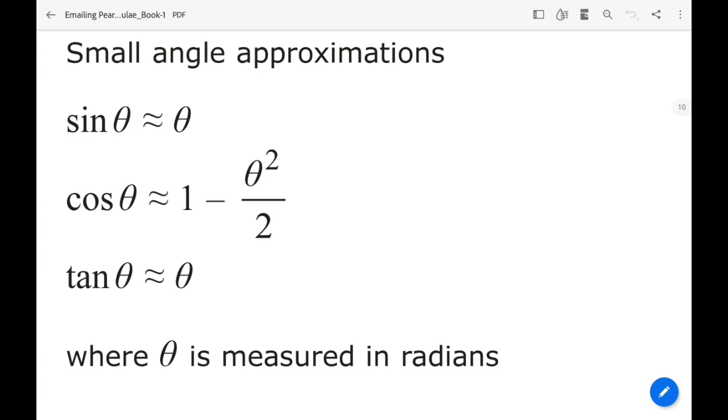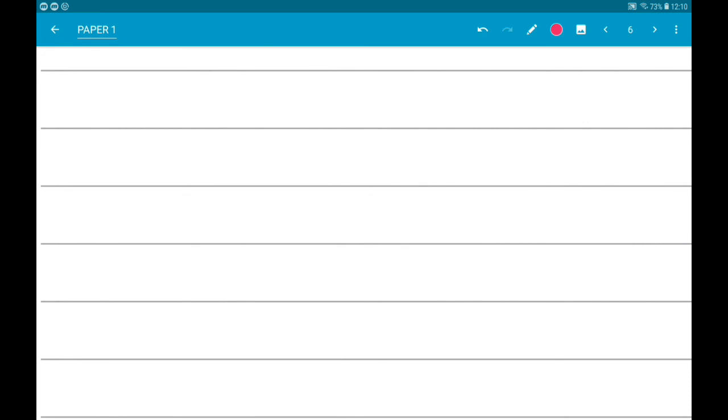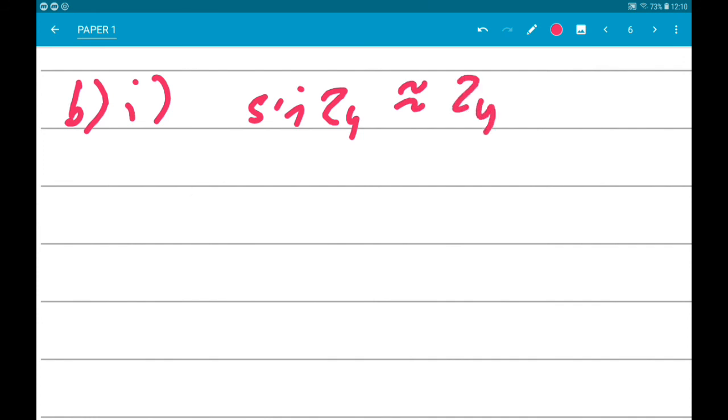So sine of 2y is approximately 2y. So, x is approximately 4 times 2y, so 8y. So, from that we could say y is x over 8.